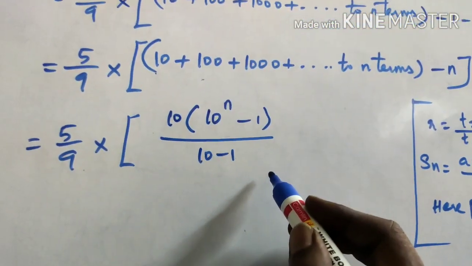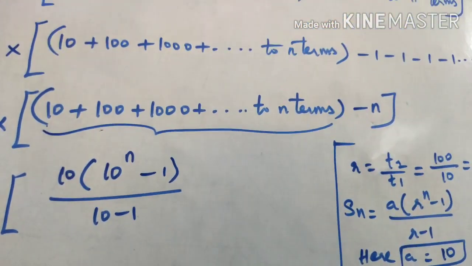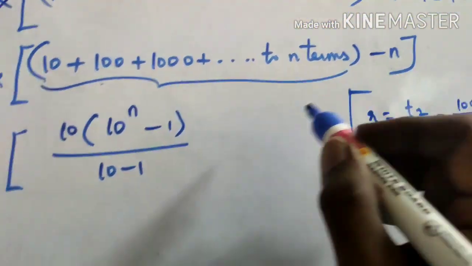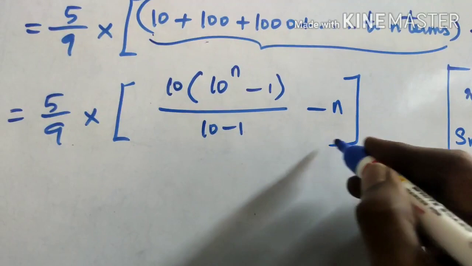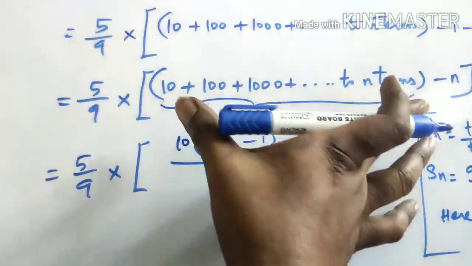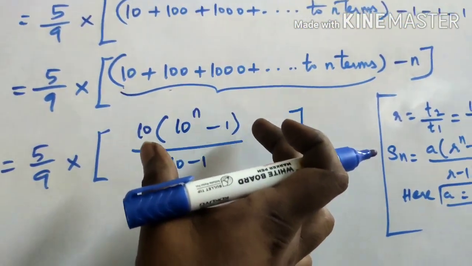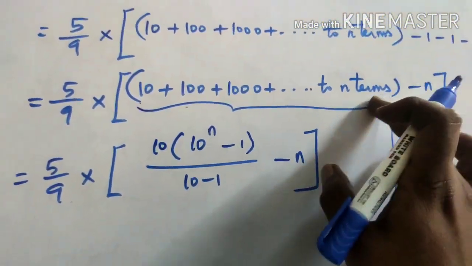This formula substitution is for only this part. What is the remaining part? Minus n, that you have to write, don't forget. That is the remaining part. So I used the formula and found this value.